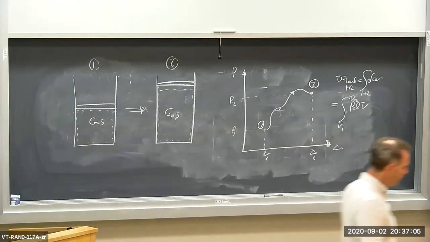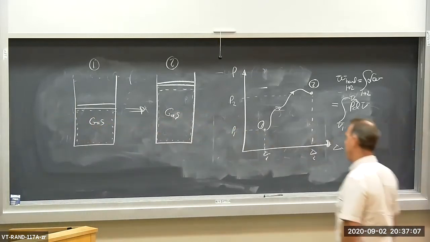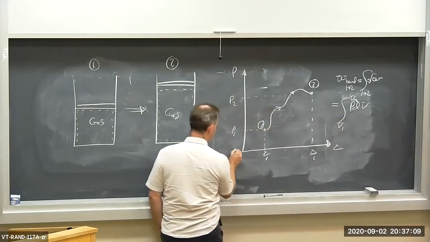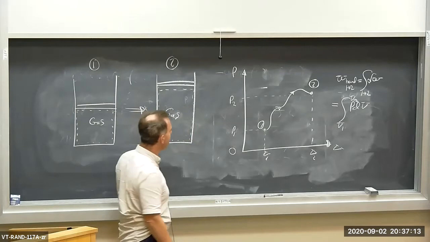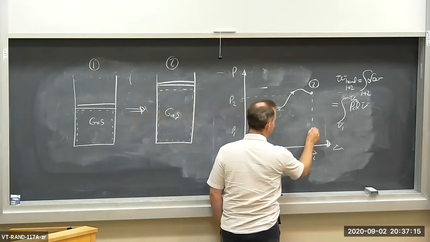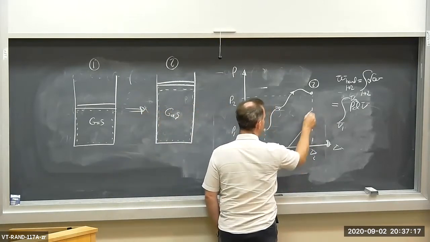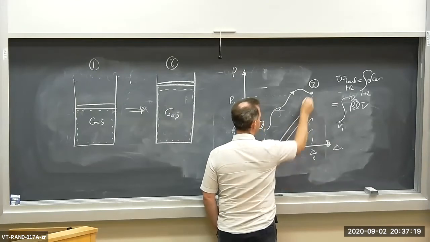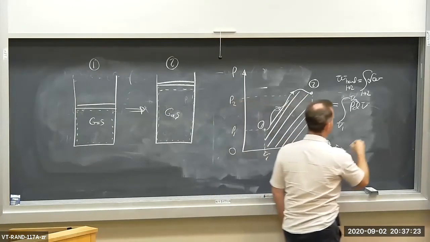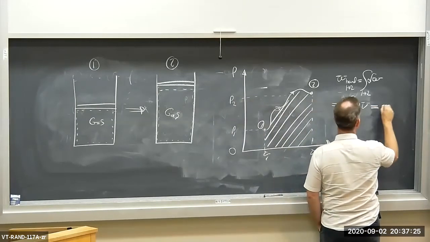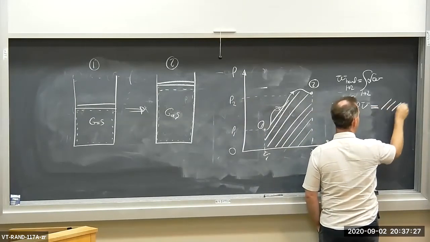How is that represented on this graph? This is zero pressure. Let's say this is zero right here. That integral, the integral of PdV, is indicated by the area underneath the pressure curve on the PV diagram. So this integral PdV is equal to the area under the curve.